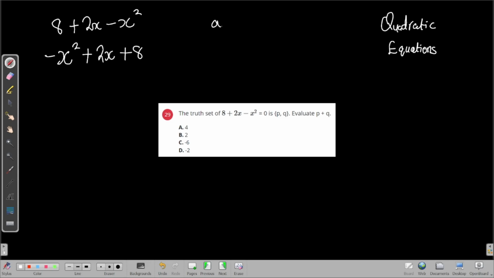So we need two numbers that when we add, they will give us 2x, and when we multiply, the numbers will give us minus 8x squared. I've already thought of those two numbers, and my numbers are 4x and minus 2x. So 4x plus minus 2x will give us 2x, and 4x times minus 2x will give us minus 8x squared.